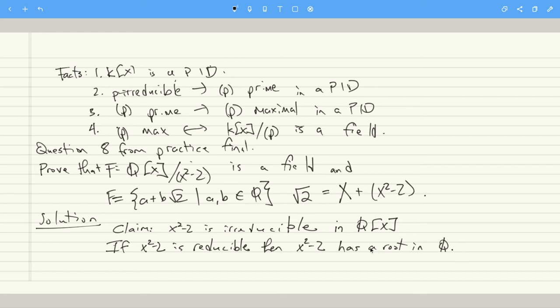So to show that this polynomial is irreducible, we have to show that it has no root in the rationals. This is something we know from math from first year: the square root of 2 is not rational.